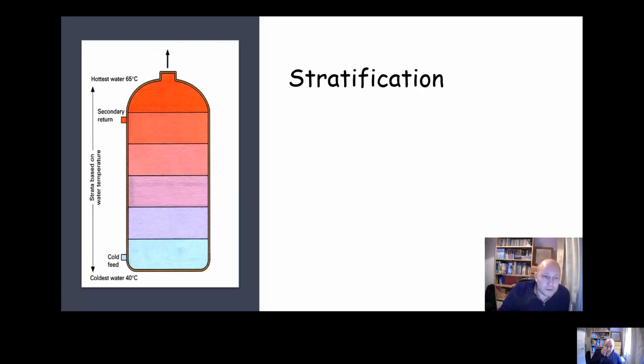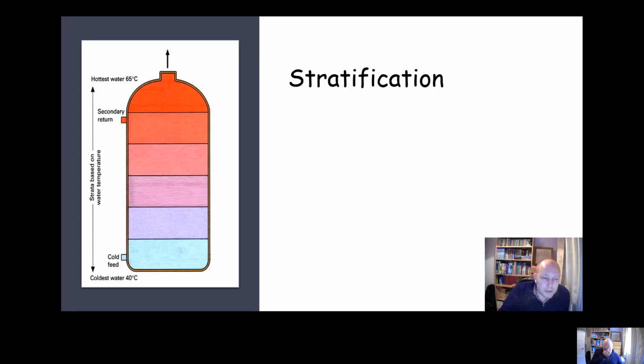And finally, we're going to look at stratification. Essentially, hot water rises, or it'd probably be better to describe it as cold water falls. So inside cylinders, you're going to find layers of temperature. As you go up the cylinder, the water is going to get hotter. So you're going to get the hottest water at the very top.